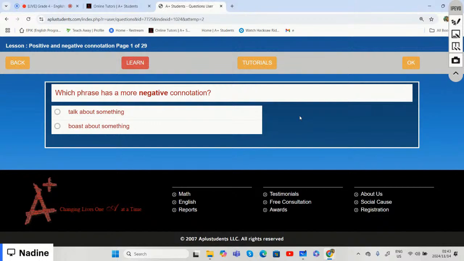It says talk about something, option one, or boasting about something, option two. Which has a negative connotation? Is it talking about something, option one, or boasting about something, option two?